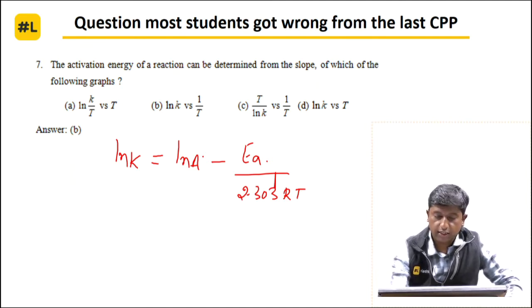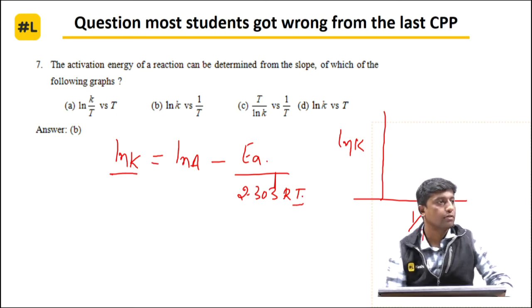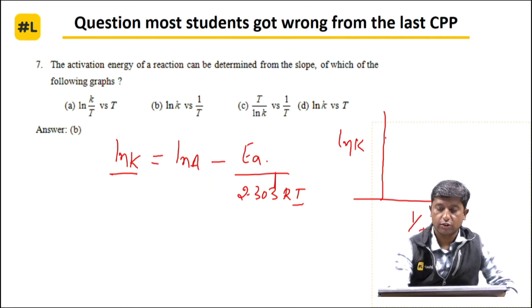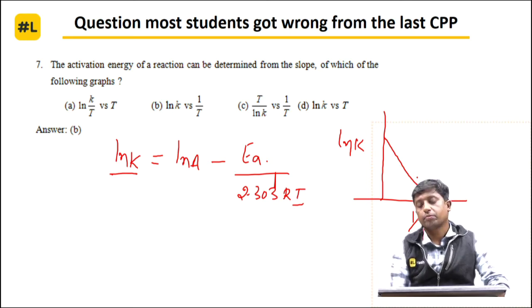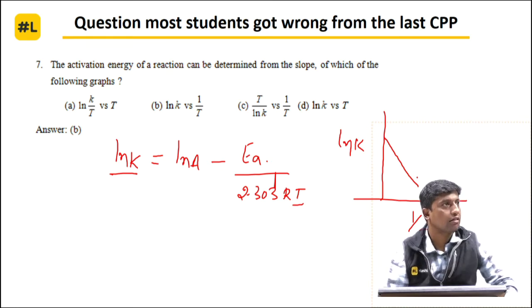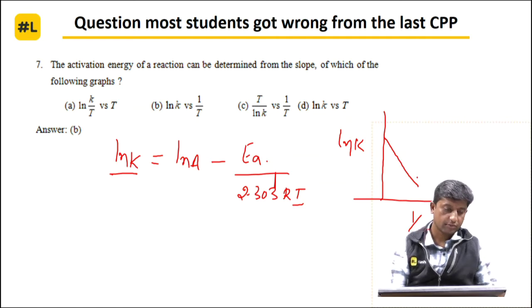Here, plot a graph by taking log of k versus 1 by T. If you plot a graph, you are going to get a slope with a negative deviation. So the answer is option B. We plot log of k along the y axis and inverse of temperature along the x axis. So the correct answer is option B.